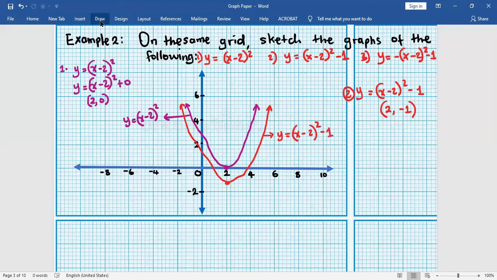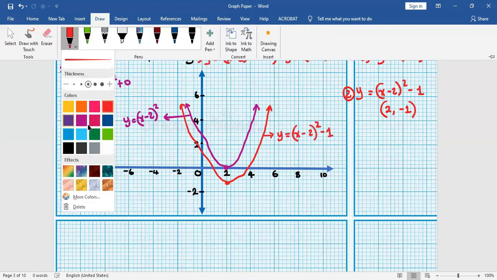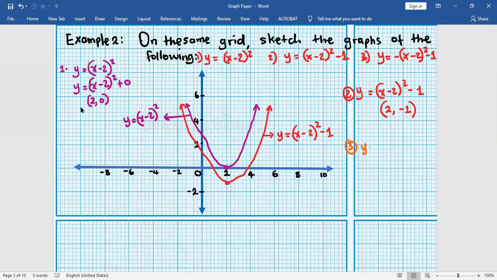Okay, and we see the last one. For the last one, we have y is equal to minus (x minus 2) squared minus 1. Since the coefficient of x squared is minus, it will be downward opening. So the vertex will be (2, minus 1), and it will be downward opening.